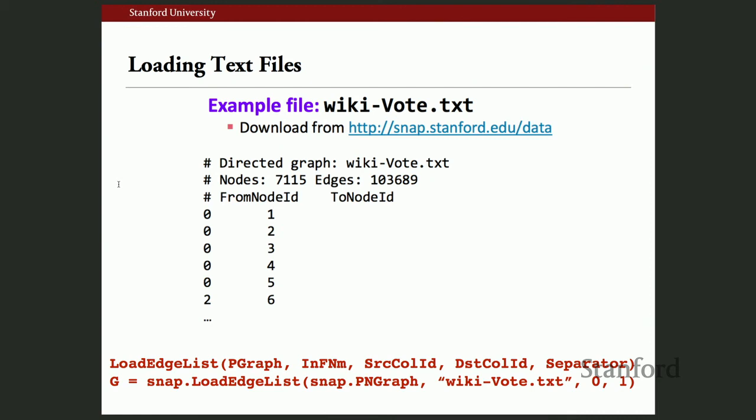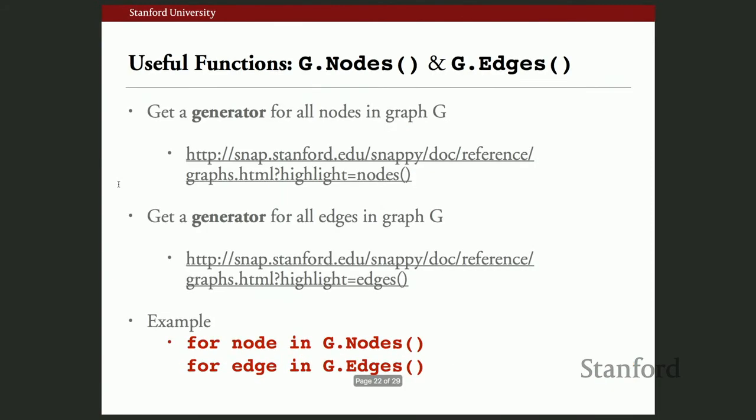Cool. Now I'm just going to breeze through a few useful graph functions. As I talked about earlier, a graph has a notion of a generator. So g.nodes allows you to loop through every node in the graph, and g.edges allows you to loop through every edge in the graph. One thing I would call out is you want to be very careful about type in this situation.